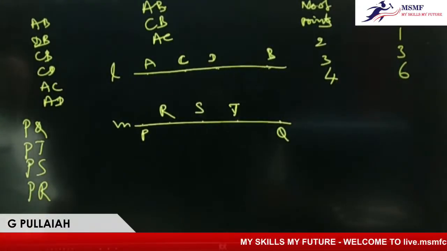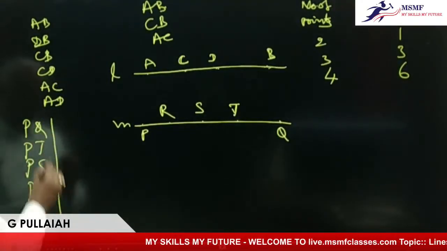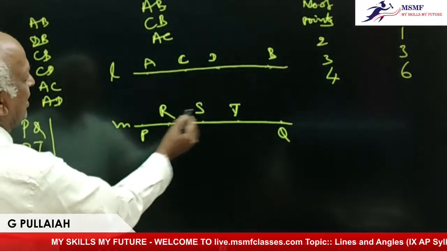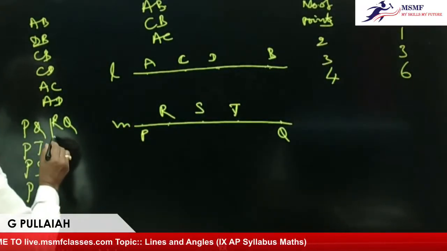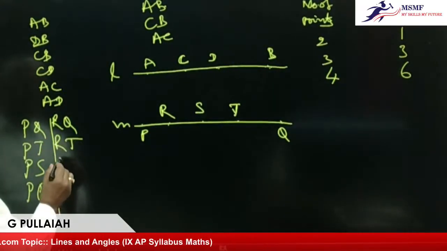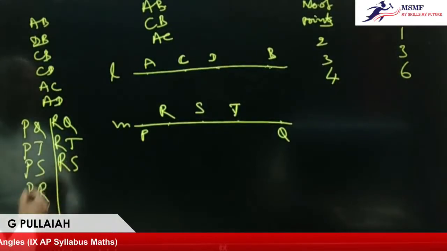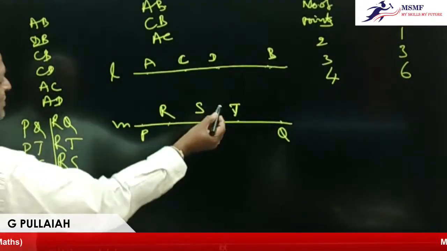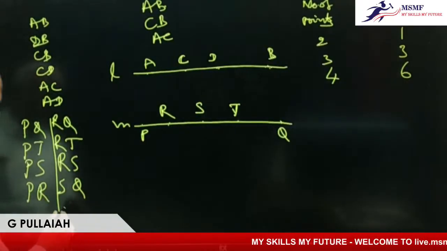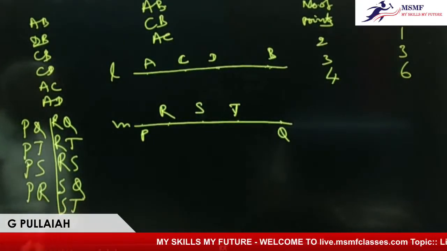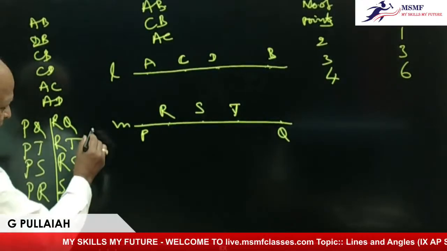Now think very carefully. From point R, RQ is one line segment, RT is one line segment, and RS is one line segment. From S, you can take SQ and ST. From T, you can take TQ.